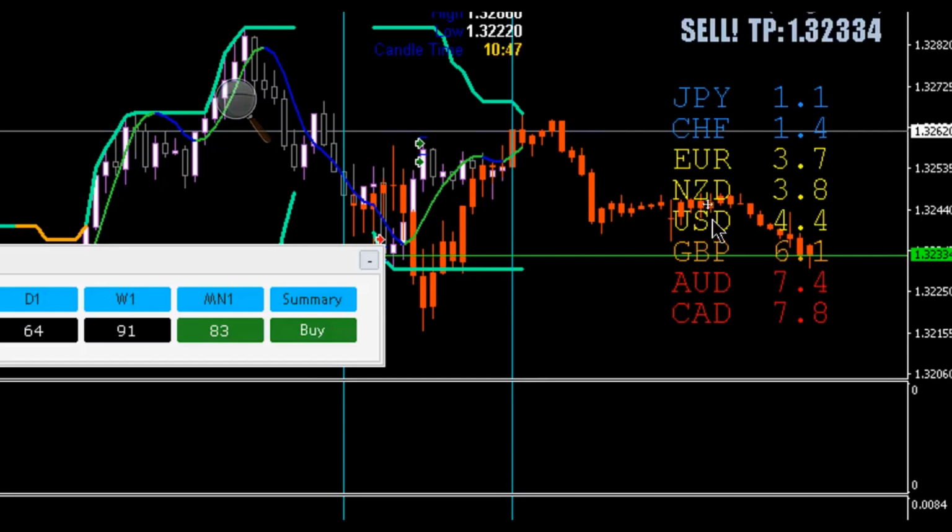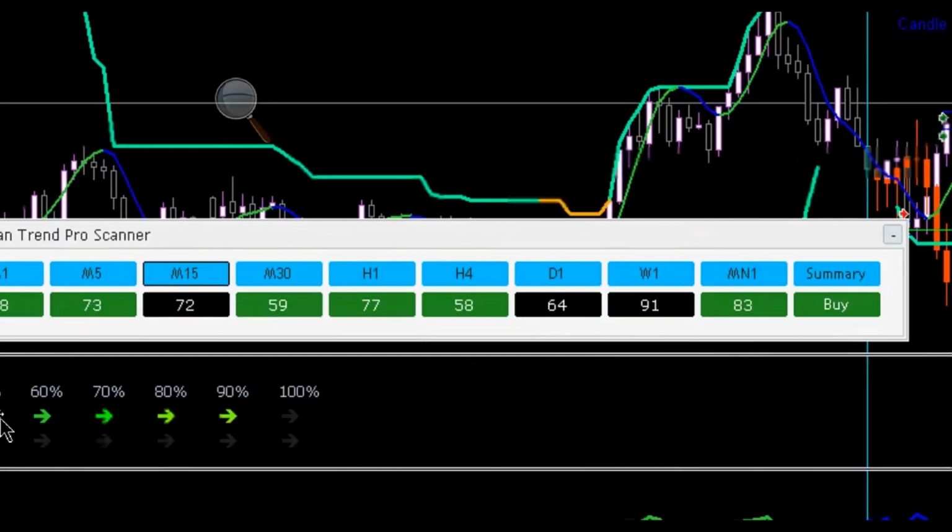I'd rather be dealing with the British pound and the euro, having the British pound as the base currency, and then this would be a buy situation. So anyway, we've successfully completed 3 trades without losing a cent.